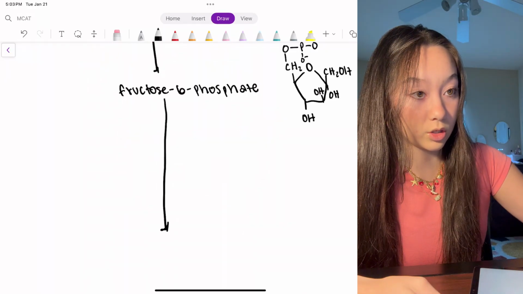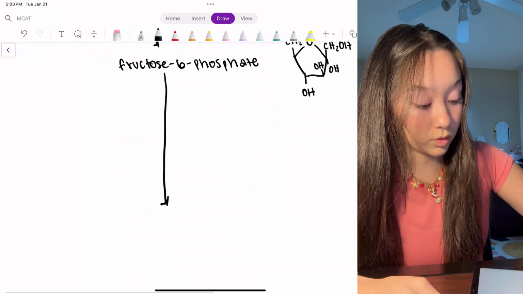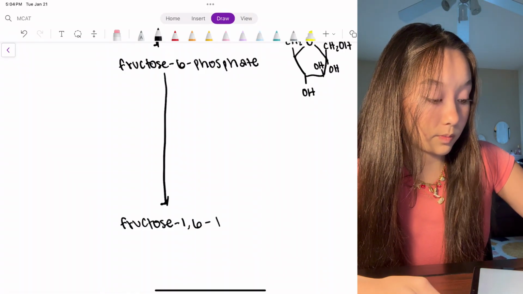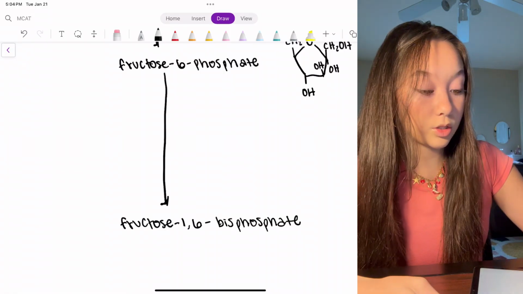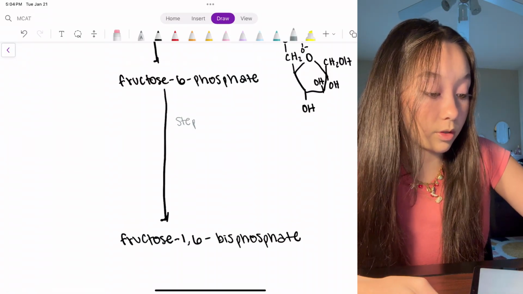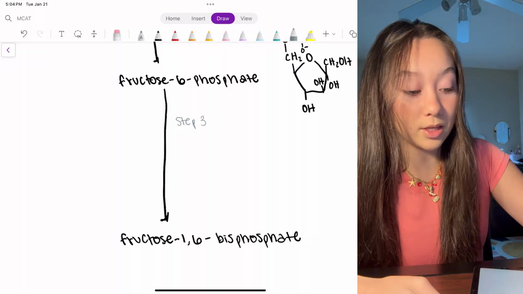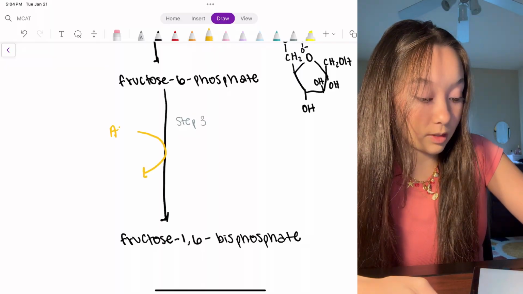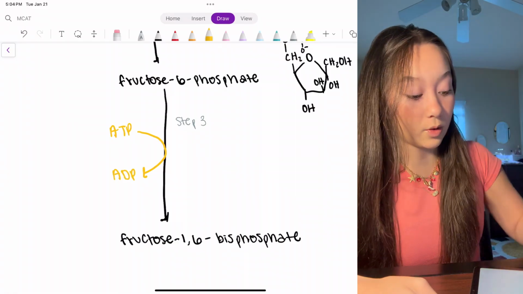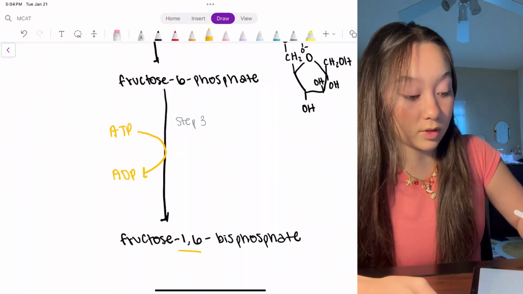Next, we turn into fructose 1,6-bisphosphate. And so you can kind of tell here already that we are probably going to use an ATP, which we are, because we now have fructose 1,6-bisphosphate.